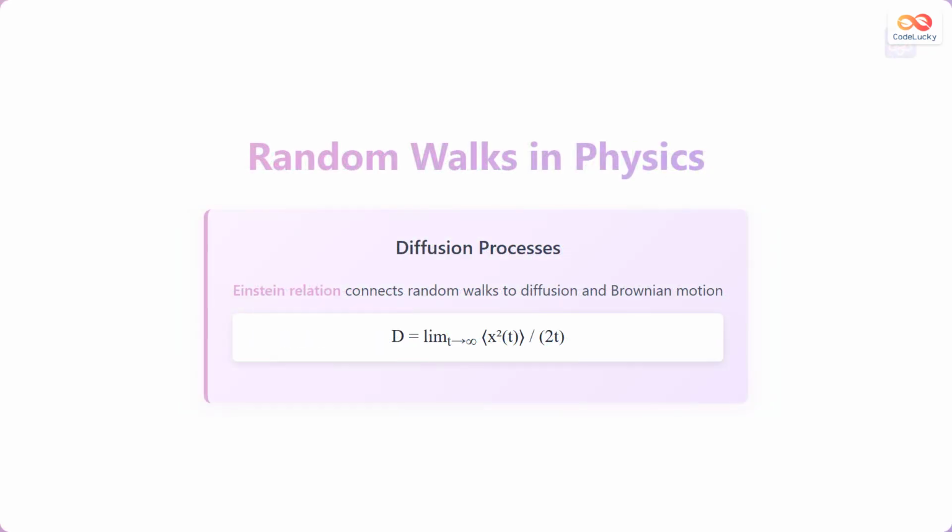Let's examine the use of random walks in physics, specifically in diffusion processes. The Einstein relation connects random walks to diffusion and Brownian motion, linking microscopic random movements to macroscopic diffusion phenomena. The formula here represents this relationship. D equals the limit as t approaches infinity of the average of x squared of t, divided by 2t.